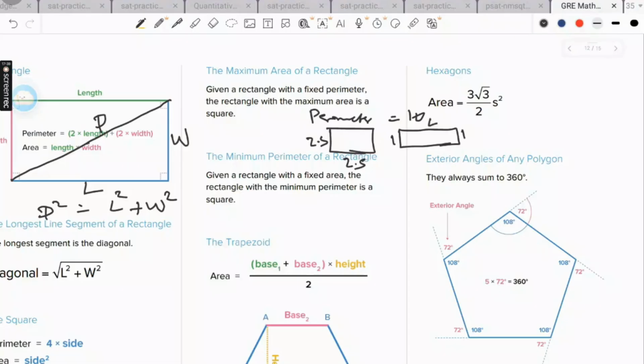So here will be 4, here will be 4. If here is 1 and here is 4, what is the area? 4.